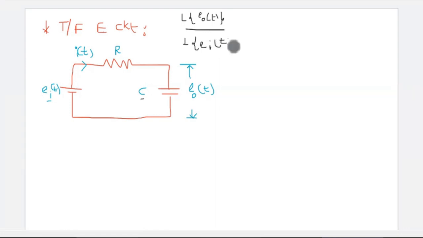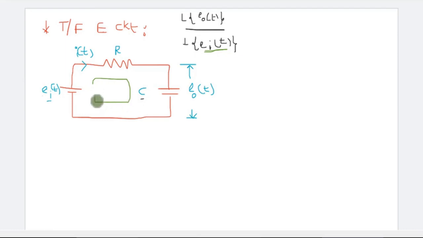First, we need to find the input voltage, that is Ei of t. How can we find this value? Just apply KVL to this circuit.